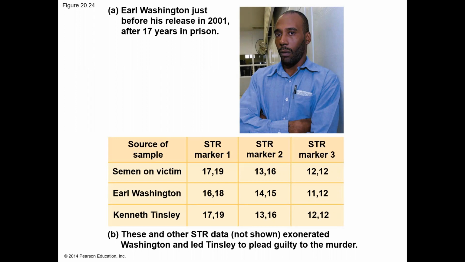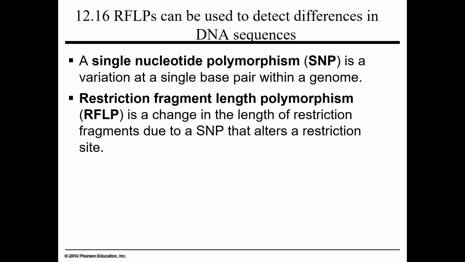So again, RFLPs can be used to detect differences in DNA sequences. We can have these things called, as we've mentioned, single nucleotide polymorphisms. This is just a variation at a single base pair within a genome. Restriction fragment length polymorphism is the change in length of restriction fragments due to the presence of some single nucleotide polymorphism that will alter the restriction site.